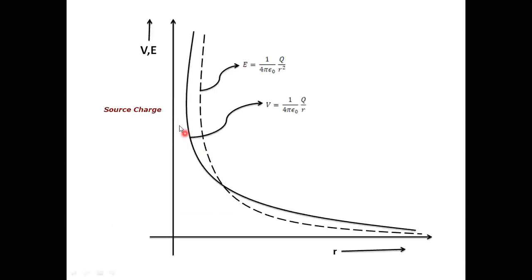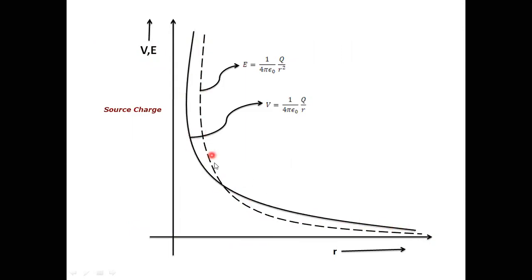This is the variation of both electric field and potential with respect to R, that means distance. Along this axis you have distance, and along this axis you have both potential and electric field. That is why you have two graphs here.